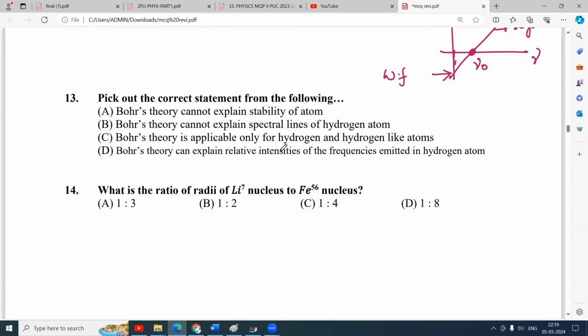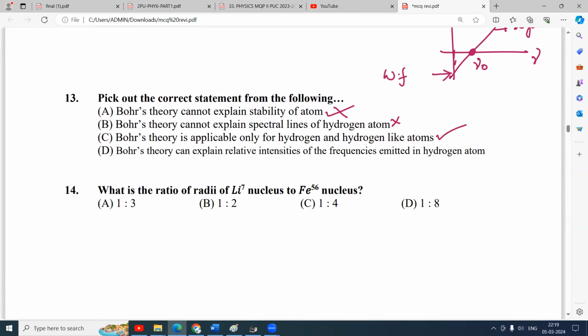Pick out the correct statement from the following. Bohr's theory cannot explain the stability of the atom. No, this is wrong, because Bohr's theory explained the stability of the atom; it was Rutherford's atom model that did not give stability. Bohr's theory cannot explain the spectral lines of the hydrogen atom. Wrong, it explained the spectral lines. Bohr's theory is applicable only for hydrogen and hydrogen-like atoms.